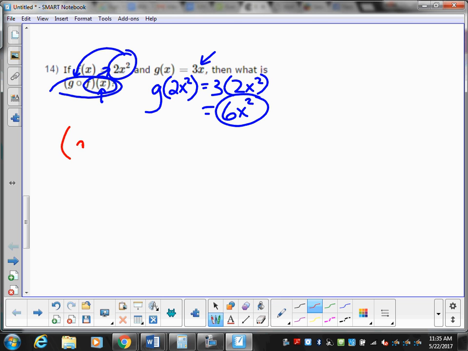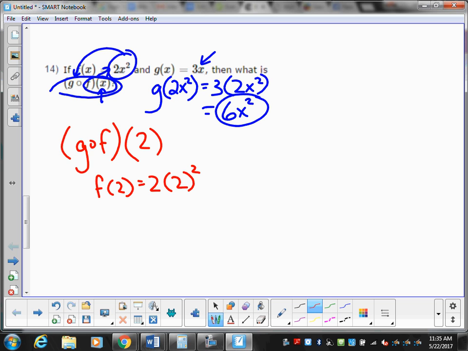If you've seen something like this instead, g of f of 2, then I would have found f of 2, which in this case would be 2 times 2 squared, because I replaced this x up here with the 2. Which 2 squared is 4, 4 times 2 is 8. So f of 2 is 8.